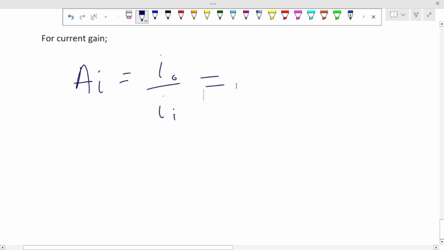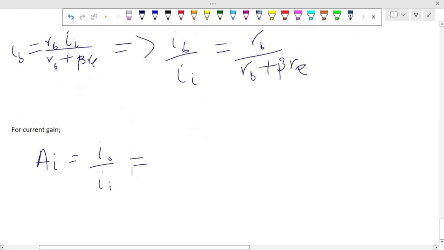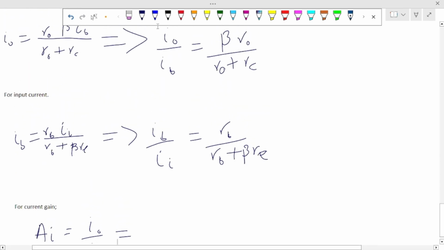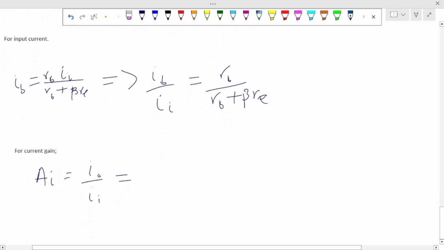And we can express this as this here multiplied by this. Now it makes sense because IB can cancel out IB, so it's the same thing as IO over II.